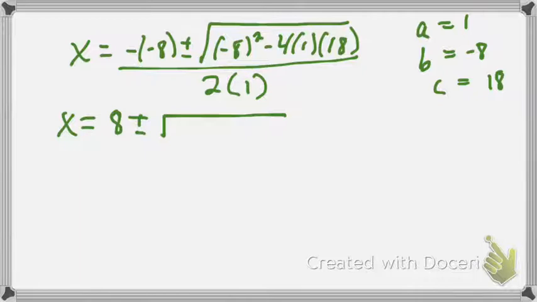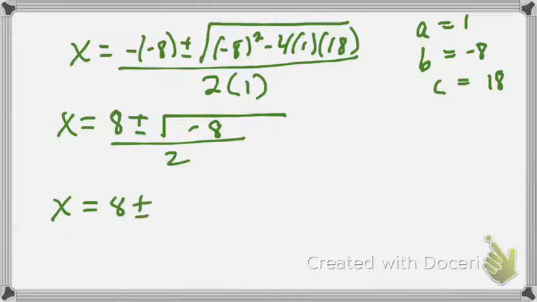And then we're going to have 64 minus 4 times 1 times 18. So that's going to give us a negative 8 all over 2. So x equals 8 plus or minus.